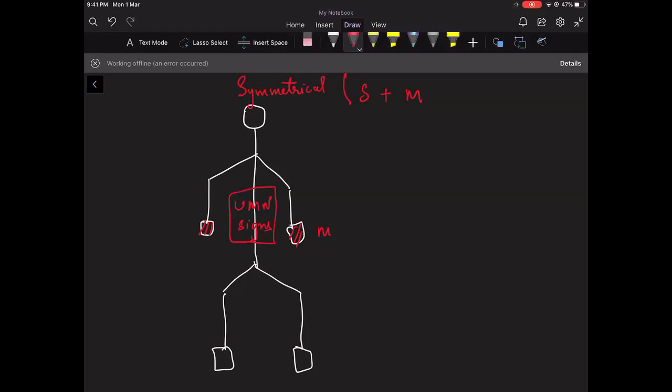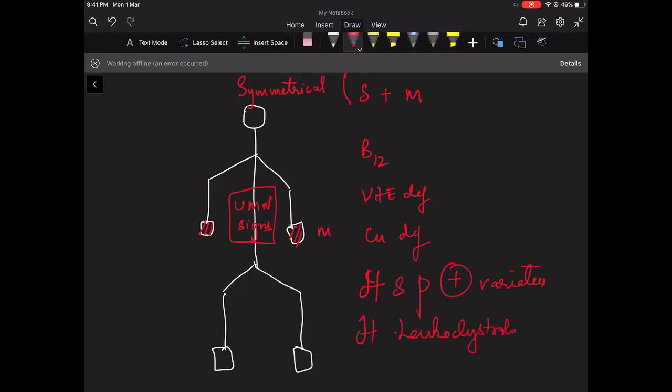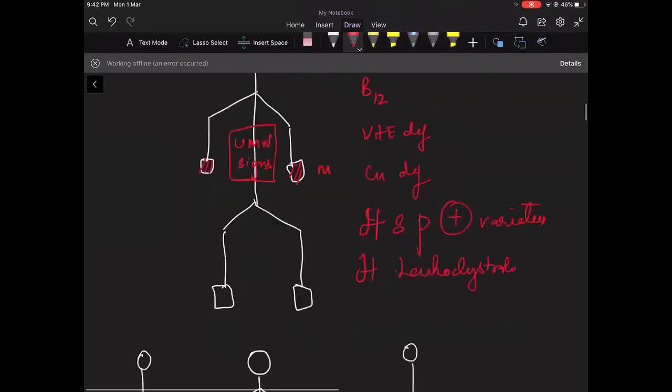The causes include vitamin B12 deficiency, vitamin E deficiency, copper deficiency, even hereditary spastic paraplegia plus varieties, or hereditary leukodystrophies. So the patient will have symmetrical sensory motor plus upper motor neuron involvement.